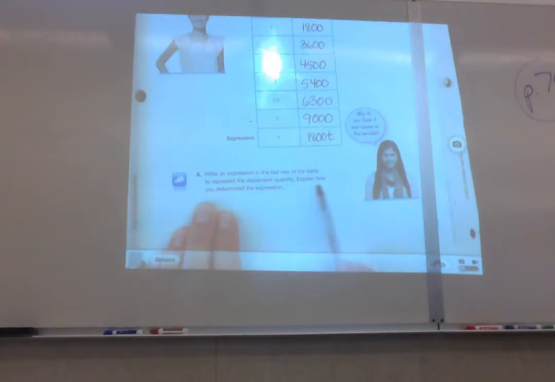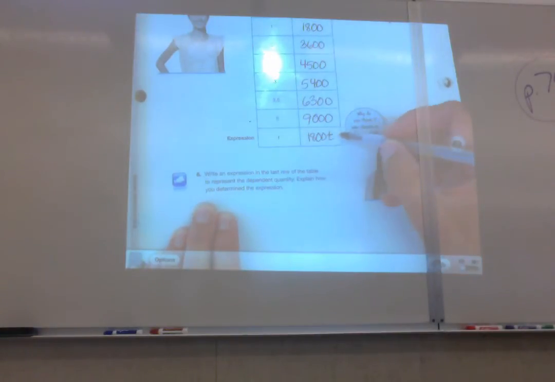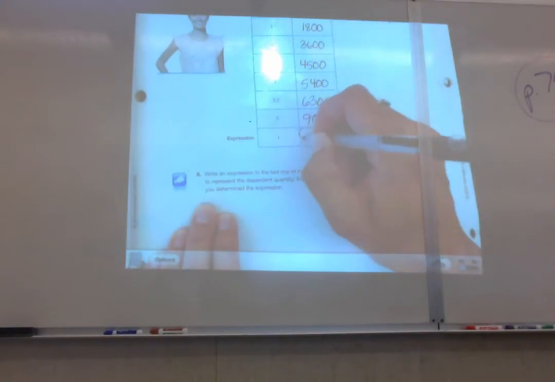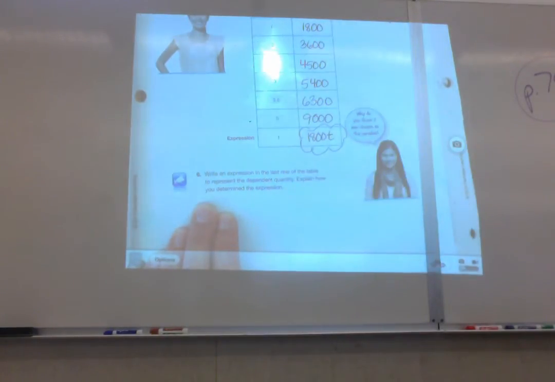We already did. Explain how you determined the expression. How did we find that 1800t? What did we notice as we worked our way along that table? It says it in the problem. What does it say in the problem? 1,800.